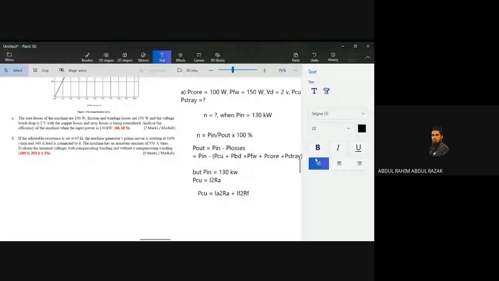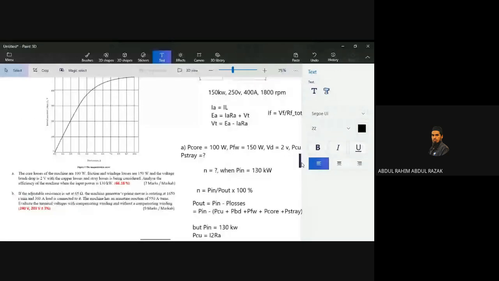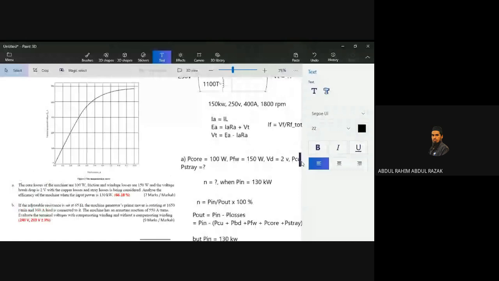You can see here, input power is 130 kilowatts.